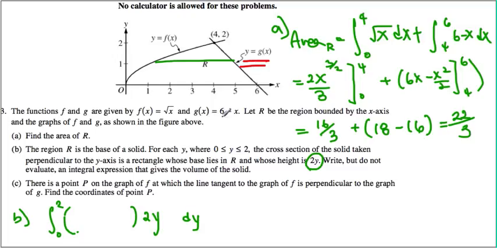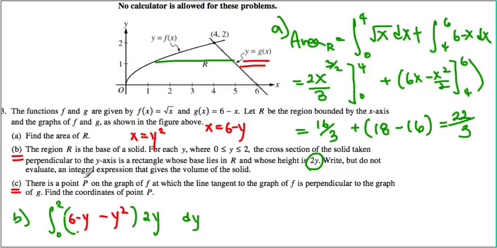Since y is equal to 6 minus x, in this case, x will be equal to 6 minus y. That was rather simple. How about here? In this case, x will be equal to y squared. So what we end up getting is 6 minus y minus y squared. That becomes our expression. That is the base, and this is the height, and the whole thing becomes our answer for part B. Let's go for part C.